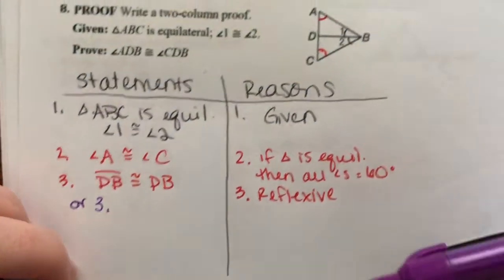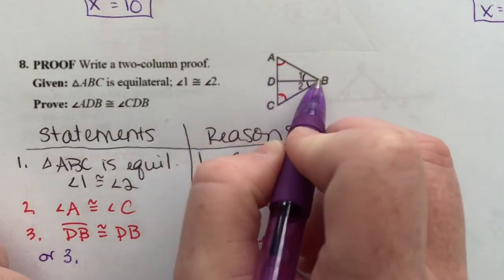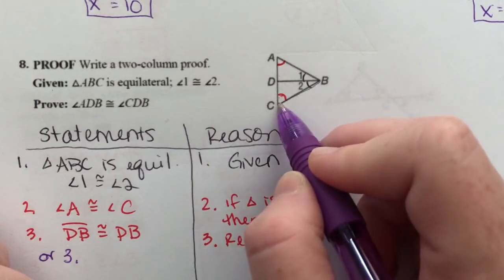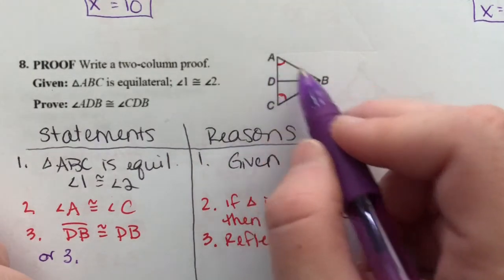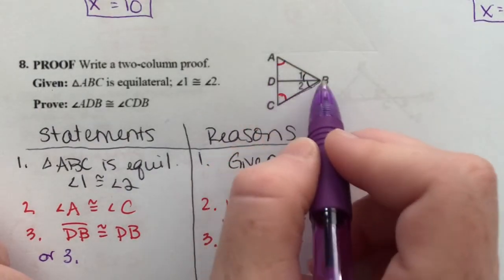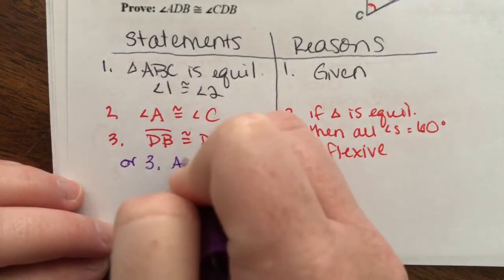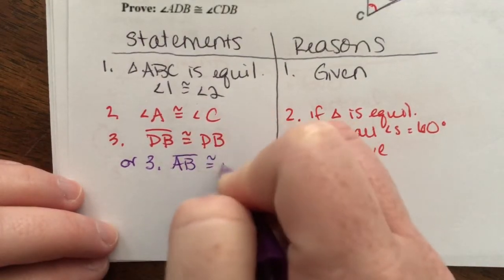I know this is an equilateral triangle, so I also know that AB is congruent to BC because all 3 sides are congruent, right? So I know that DB is congruent to itself. I also know that AB is congruent to BC. So I'm going to say AB congruent to BC.